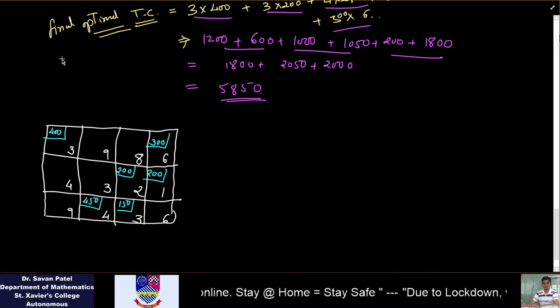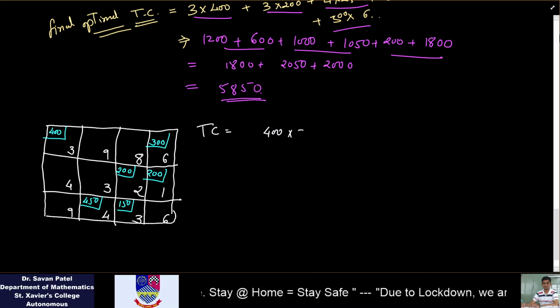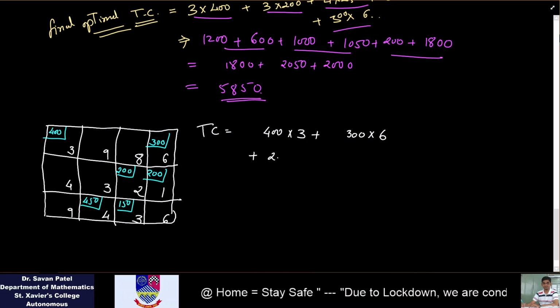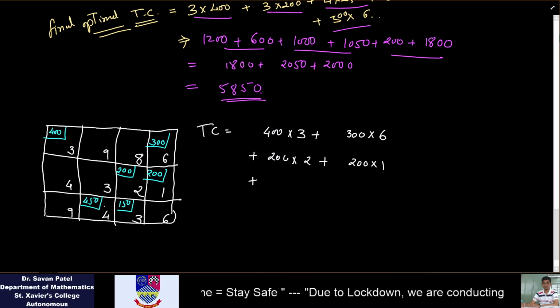So for this, the transportation cost is 400 times 3, plus from this it is 300 times 6, plus from this it is 200 times 2, plus from this it is 200 times 1, from this it is 450 times 4, and from this it is 150 times 3.